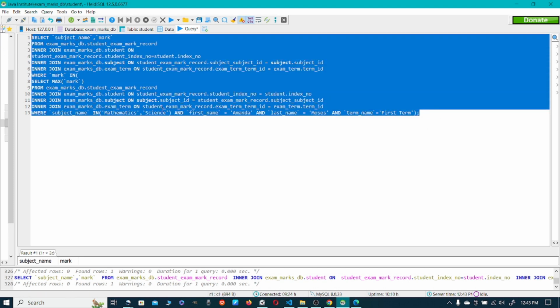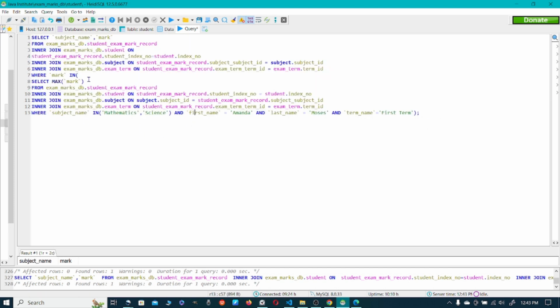This should be our fourth query. Firstly, we found the max mark. For that, we have joined the student exam mark record table with the student table. Then we have joined the subject table, then the exam term table, and this would be our condition part.